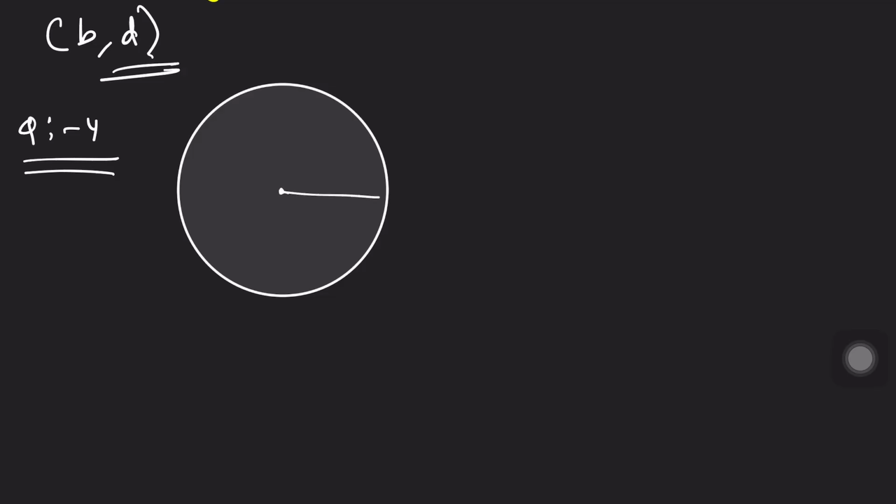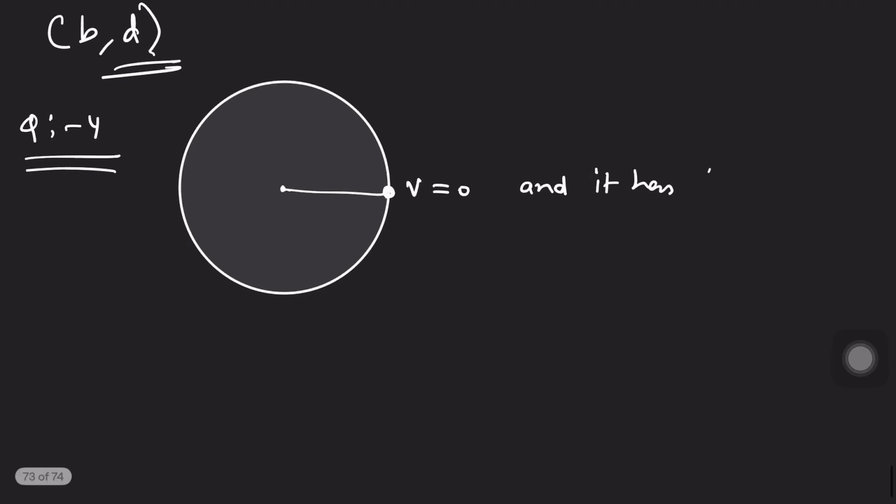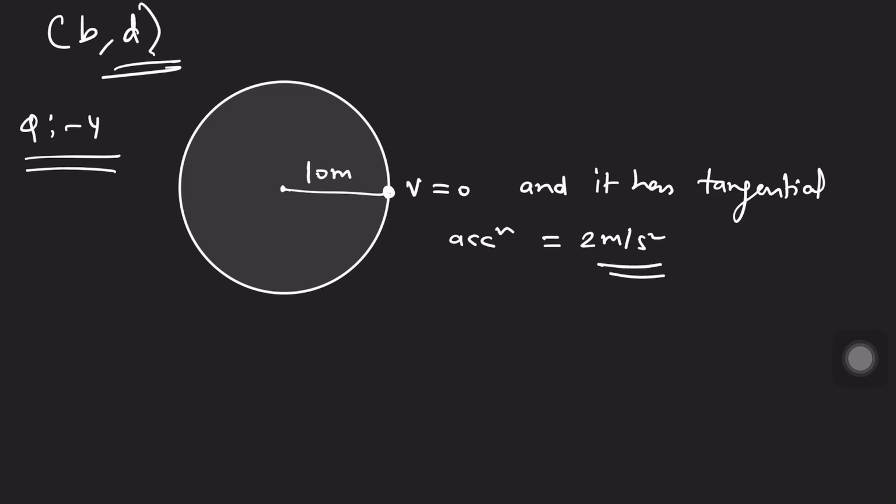There is a particle whose initial velocity v is 0, and it has tangential acceleration 2 meter per second square. Radius is 10 meter. Tangential acceleration is 2 meter per second square.